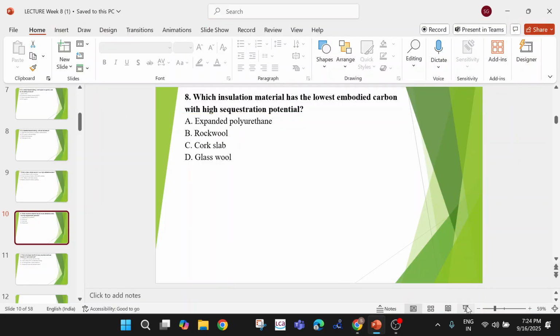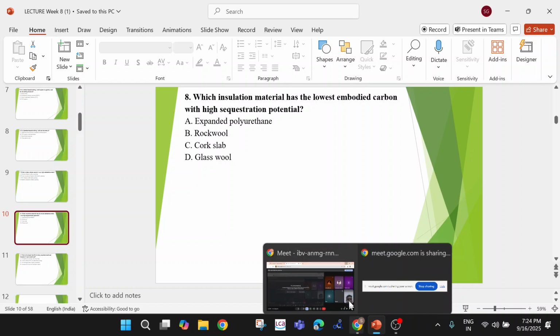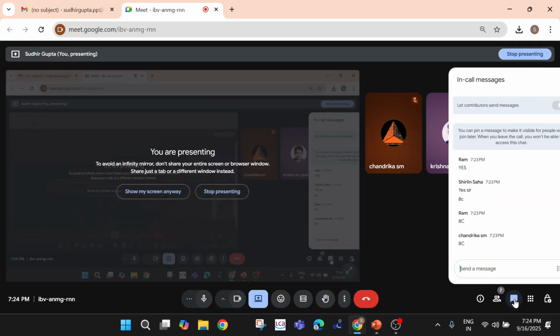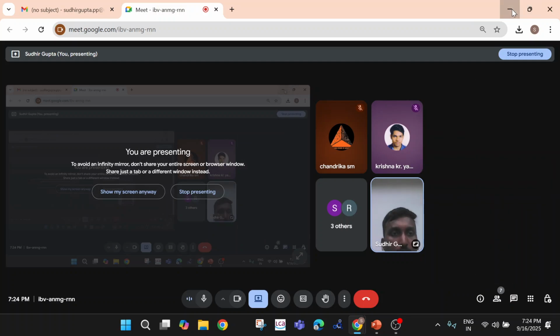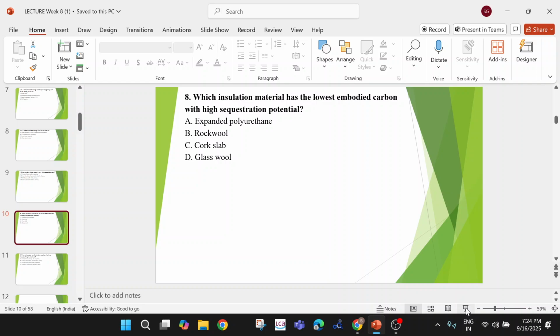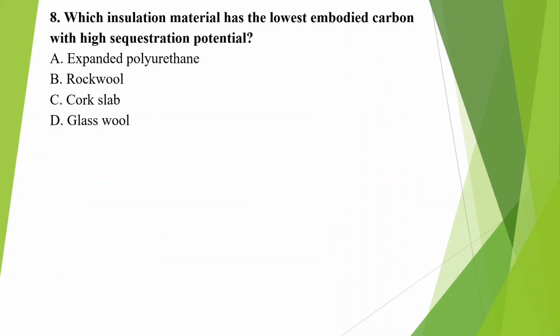So for this particular question, as I can see, many of you have answered option C for question number 8 of lecture 1 of week 8. So option C, cork slab, is the correct answer, because this is a natural material like wool or flax. So they have low embodied carbon and high sequestration, which was asked in the question.